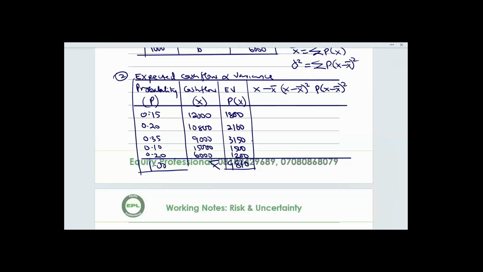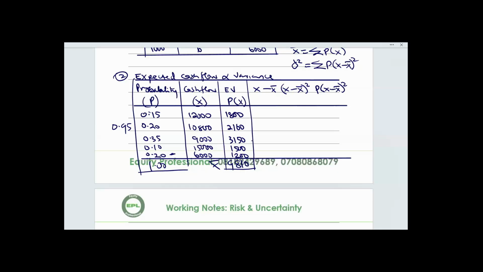But if you still want to solve the question, you need to make an assumption. It may be a typo error. Let's say, for example, when you add up all the probabilities, you got 0.95 instead of 1.00. Because you got 0.95, you cannot have an optimal solution. In that circumstance, you need to make an assumption. Let's say this last one, 0.20, is actually 0.15, so that by the time you add it up, it gives you 0.95.